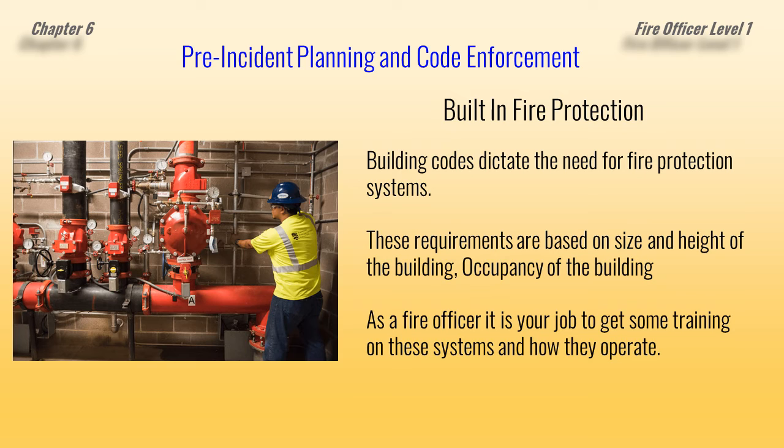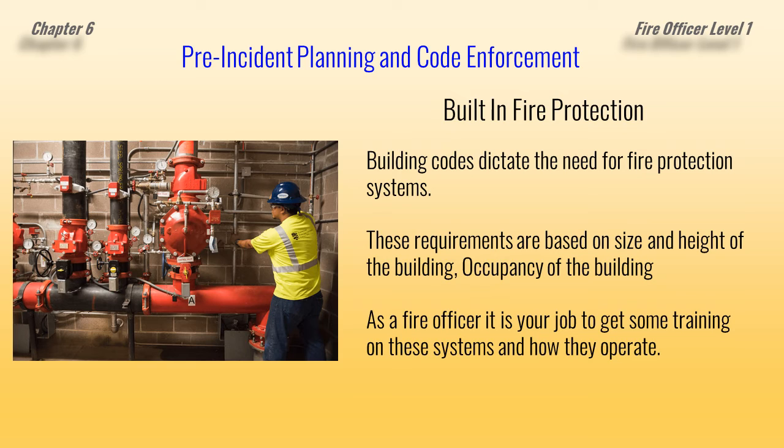When we get into an assembly building, based on the square footage, it's going to require a sprinkler system. When we get into buildings that are over 3 stories, you're going to have a standpipe. All right. So all these fire protection systems are based on the building code and the use of the building.